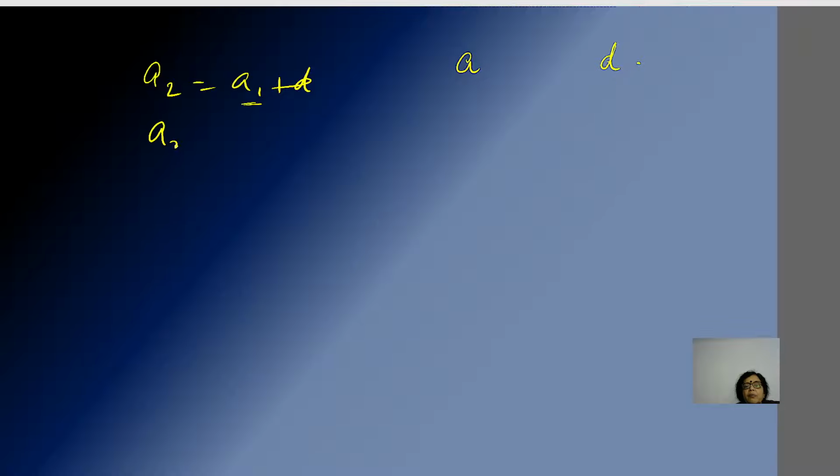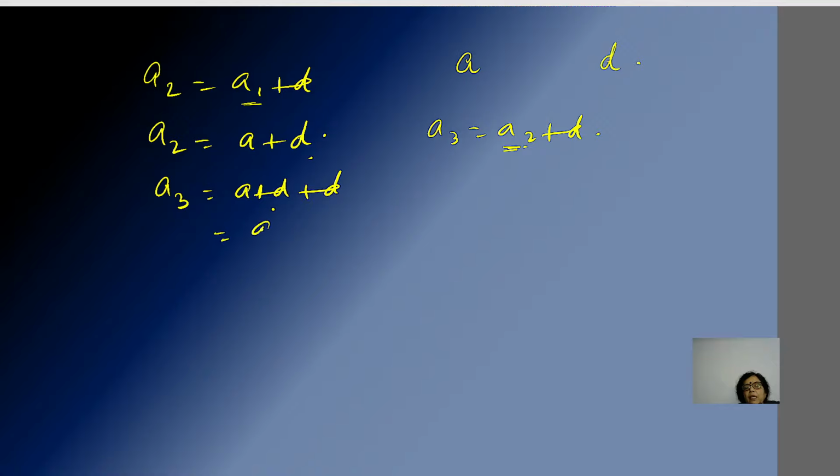So a2 can be written as a plus d. Now a3 we were getting as a2 plus d. So now if I replace this a2, I'll get a3 is equal to a plus d plus d. I've taken a plus d from here and put it here. So we get a plus 2d.